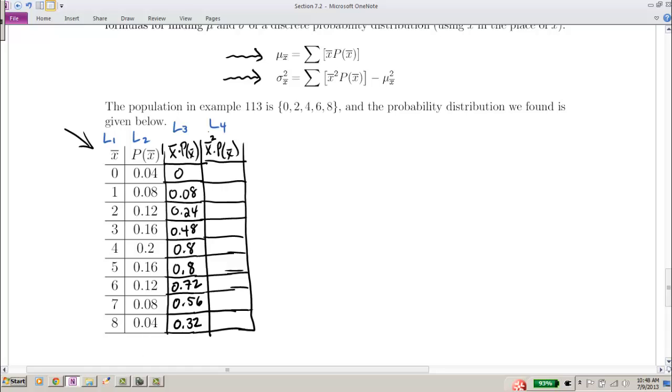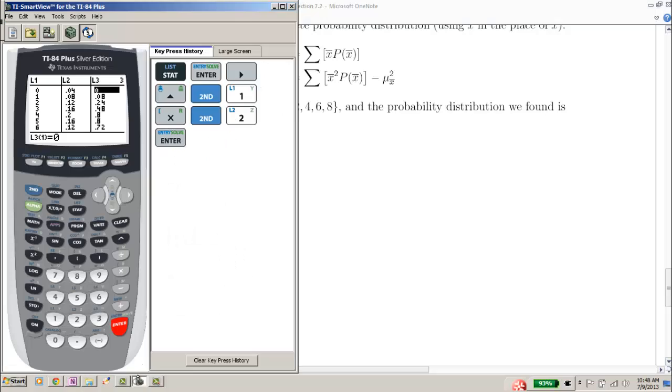And I'm also going to need the values for the x squared times P of x, so I'll have my calculator put that in L4.